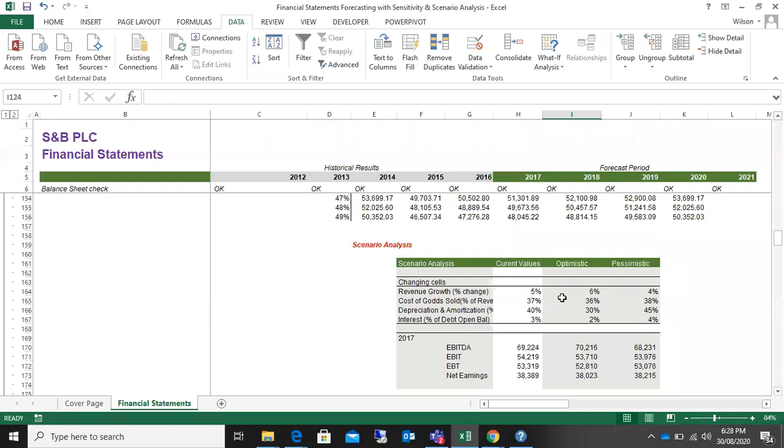Depreciation 40% to 30%, which is also optimistic. Now interest 3% to 2%, which is also optimistic. So it means the net earnings should actually go up. Yes. Now I understand. Yeah, it went down.